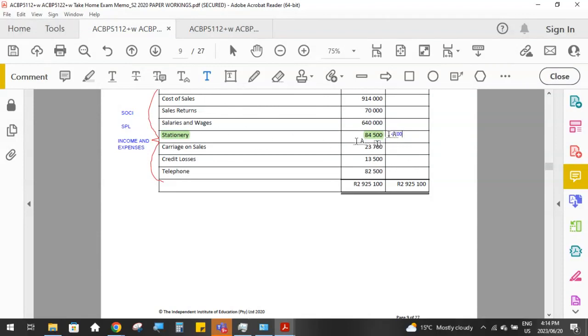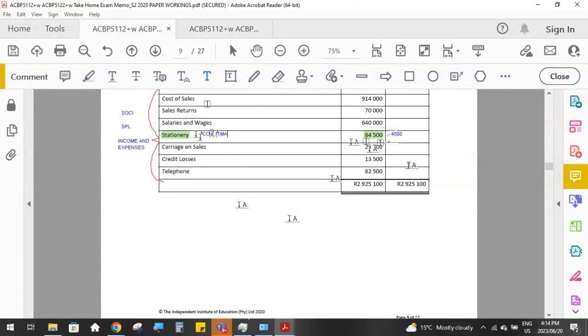We are going to credit stationery 4,500, and we are going to debit prepaid expenses. Sorry, not prepaid expenses, this is stationery. We would debit consumables. Stationery is considered a consumable. So we would debit consumables.